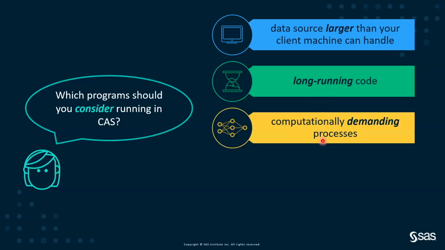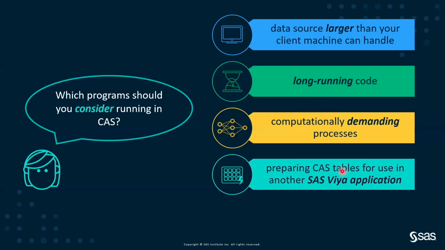Similarly, any computationally demanding processes. Obviously, long running code might still be long because you want to do a lot of activities, but they're not very computationally intensive. At the same time, you might have a complex algorithm that requires a lot of complex calculations. All the examples I was giving, ARIMA or neural networks or deep learning, also have a lot of computations required. And then of course, you want to use CAS because there's another SAS application that depends on that data.